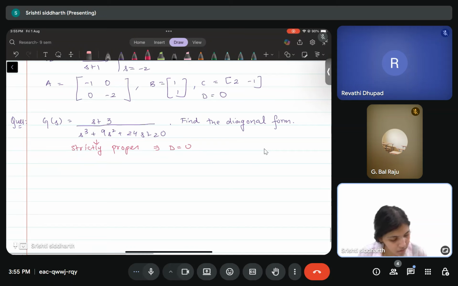So it's s cube plus 9s squared plus 24s plus 20. Let's try s equals -1. It's going to be -1 plus 9 minus 24 plus 20. This is now going to be 0.